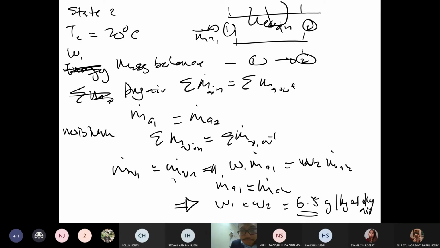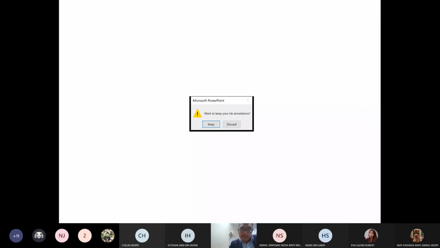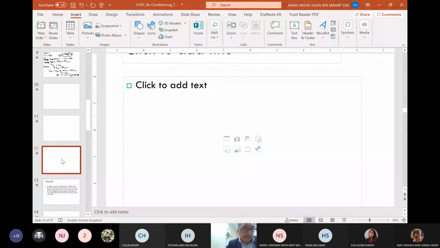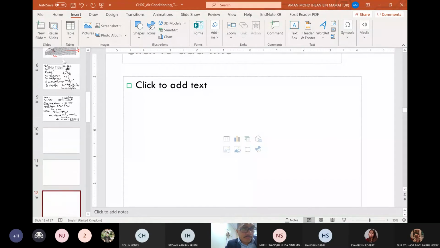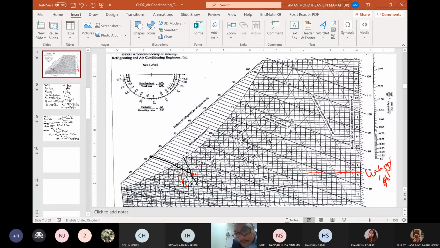Phi 2 tak tahu lagi. So phi 2 you kena dapatkan daripada equation lah. Ataupun you boleh baca terus daripada sistem.